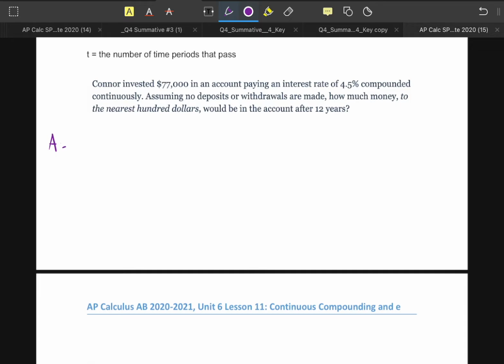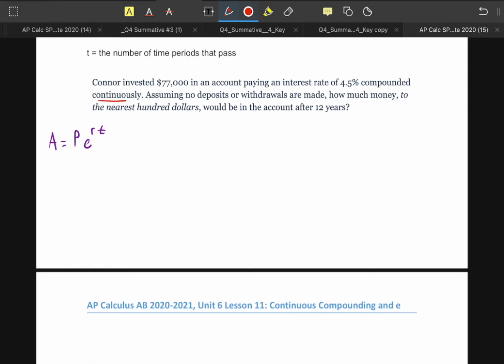So we're going to use this formula, A equals P times e to the rt. And I know that we're going to use this formula because it says right here, my interest is compounding continuously. It doesn't say per day, per month. It just says continuously.